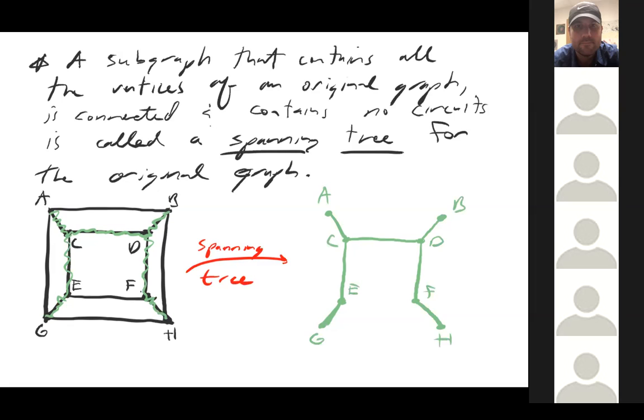You can see that it meets the criteria of what I just said above: it's a subgraph. I grabbed edges and vertices from the original graph. It is connected. I can get from any letter in this graph to any other letter with a path. And it contains no circuits. I can't start at any point and get back to it. So this is called a spanning tree of the original graph.